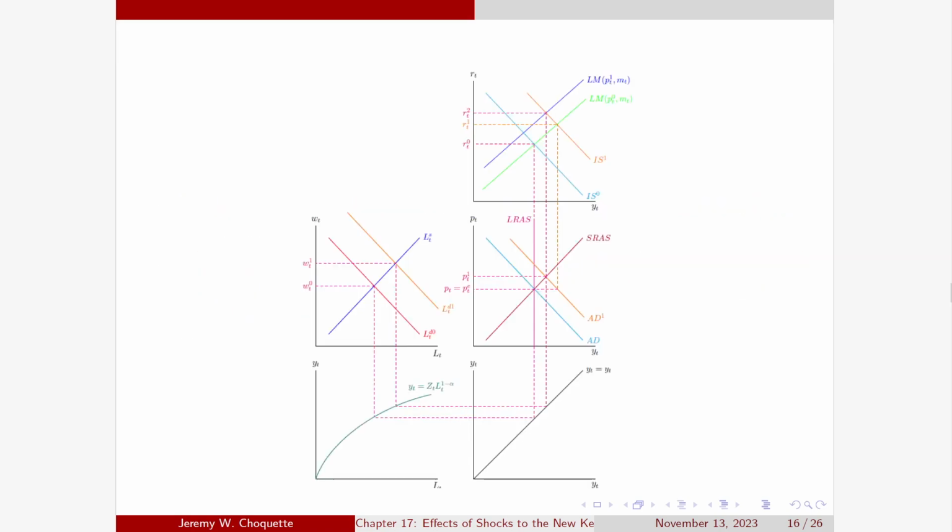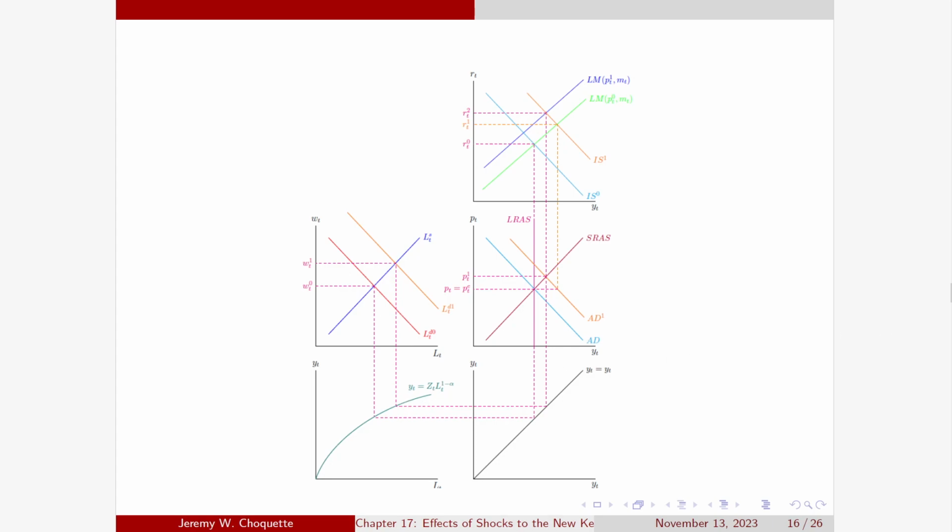So what do we do? Well, once all the stuff has been determined, then when we have this equilibrium here, we can draw the dotted line down, over, and up. We shift labor demand out until we get this equilibrium right here, which of course is going to increase the wage rate, and you can see it increases production.